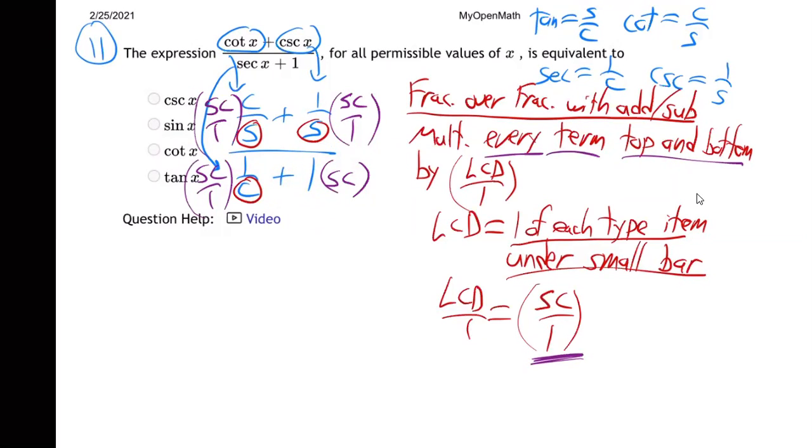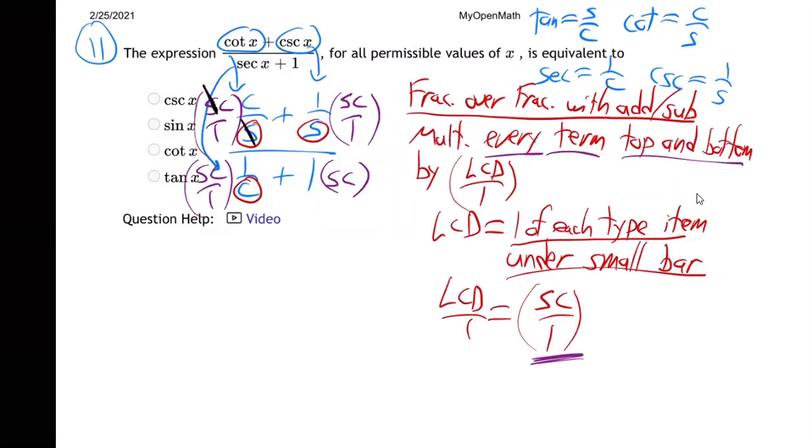Why the LCD? Because it's just enough to cancel all the denominators. That's why the common denominator does the trick. Do you see it now? You've got to absorb all those little things that are underneath the small bars to clean up this mess. So basically, you just take 1 of everything you need and throw it in there, and that'll take care of it.